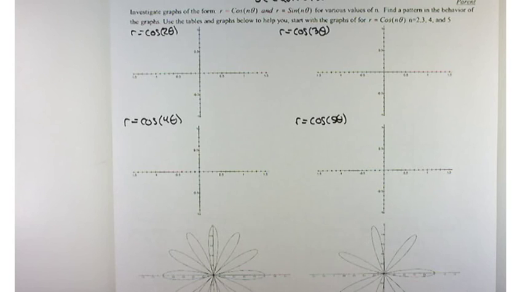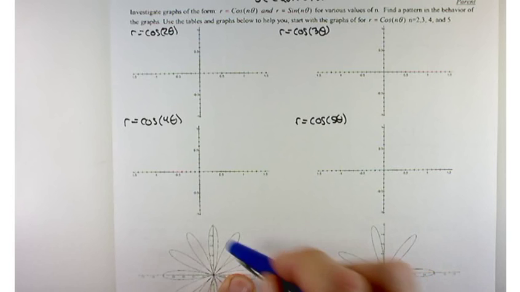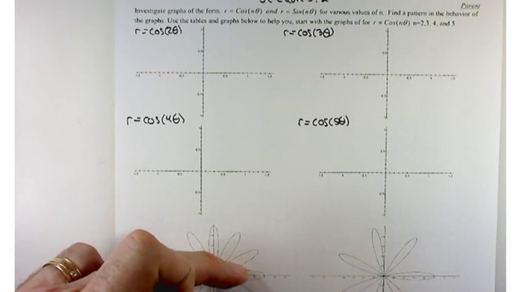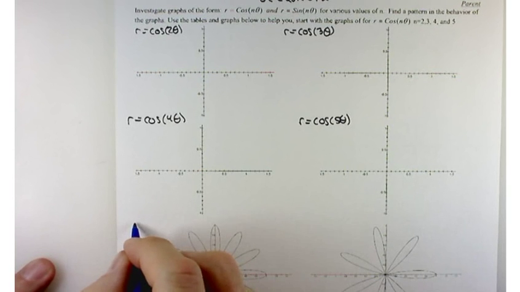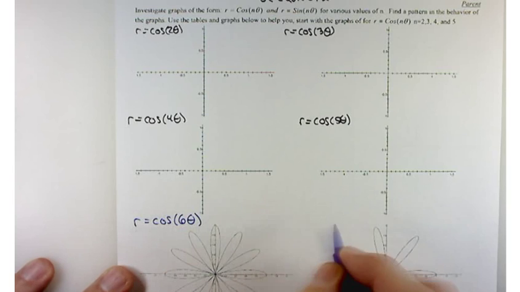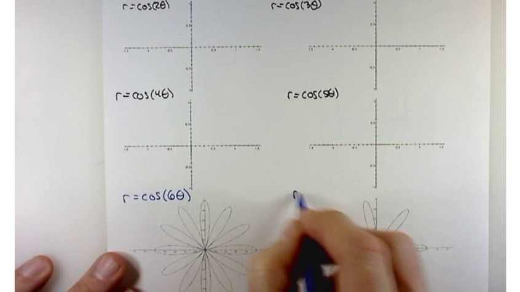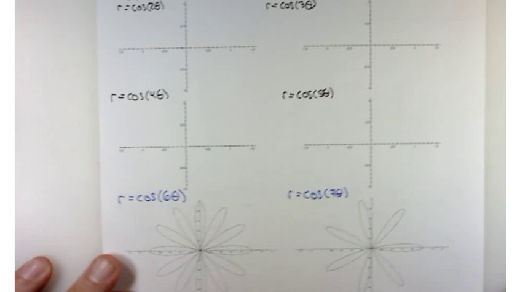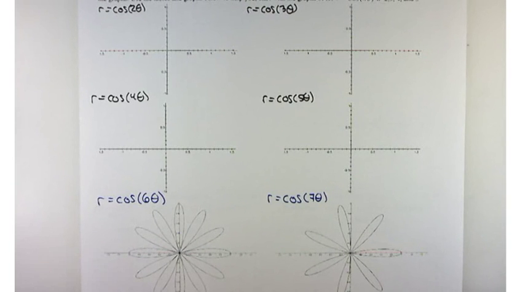You should see a pattern emerge out of this. This, by the way, down here is r equals cosine of 6 theta. And this graph down here is r equals cosine of 7 theta. So see if you can figure out that pattern.